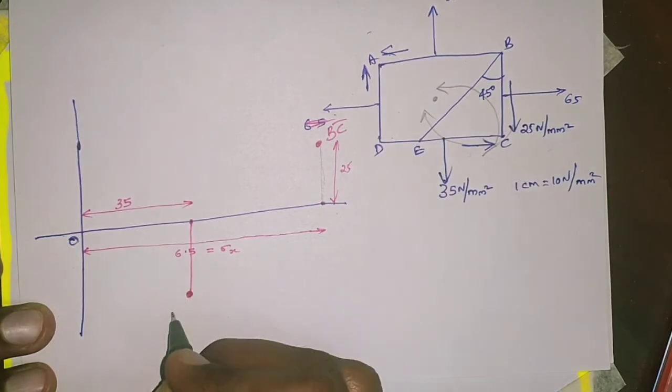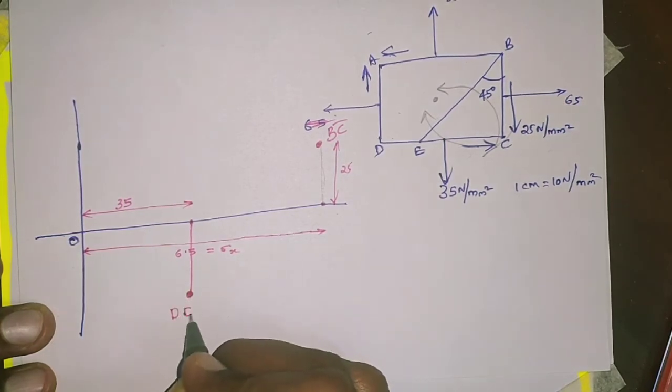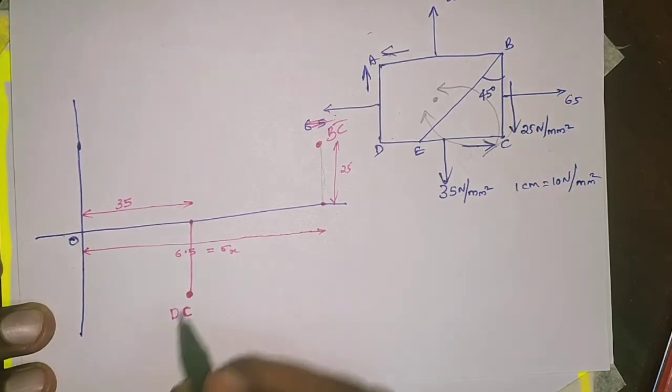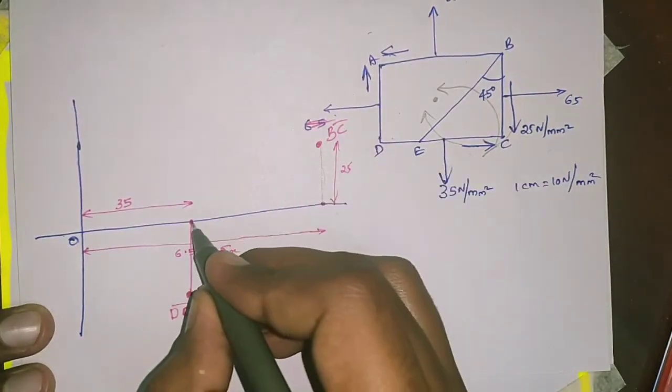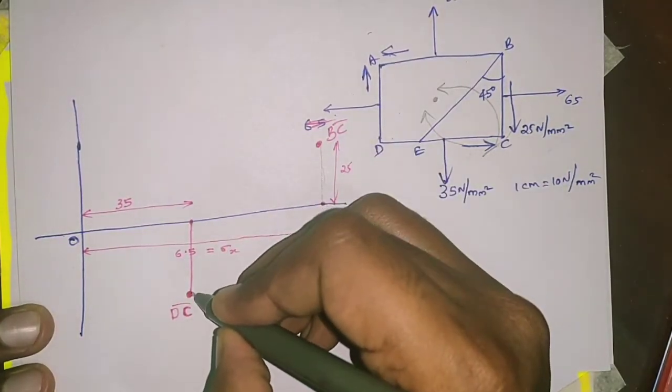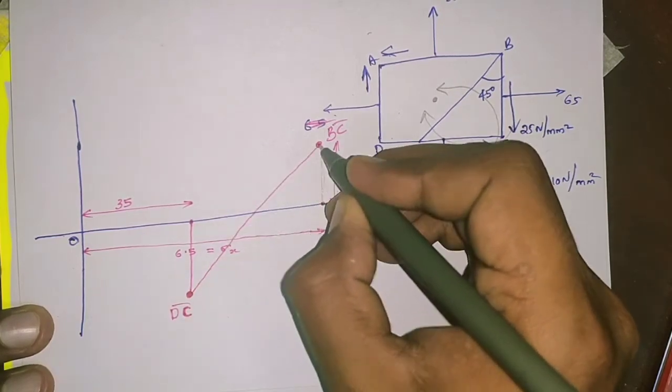We got this point representing the DC plane. And draw a line connecting these 2 points.